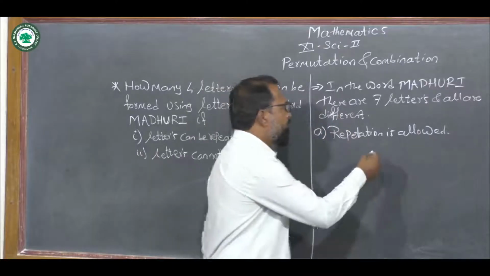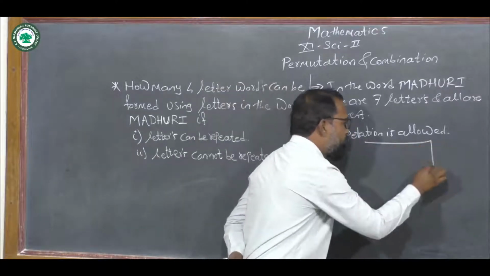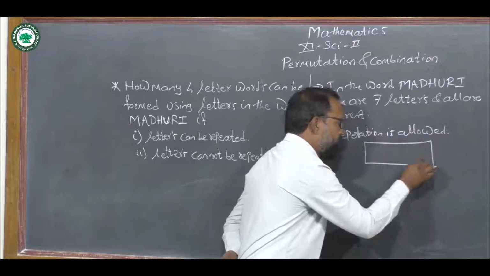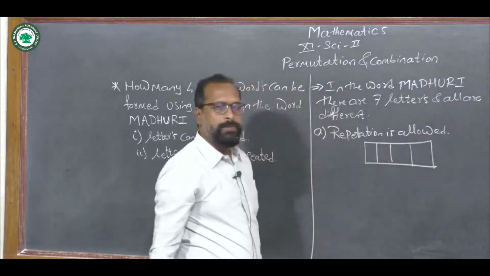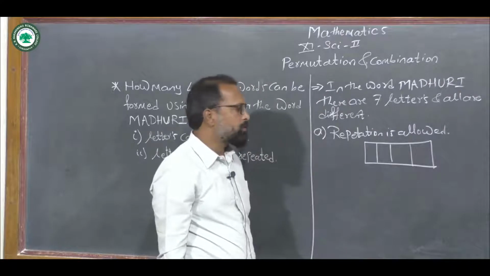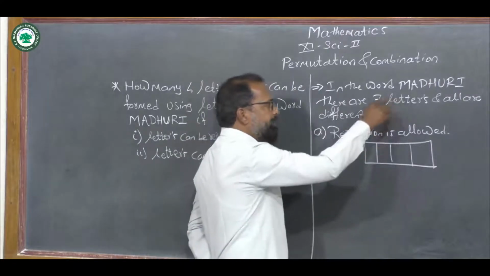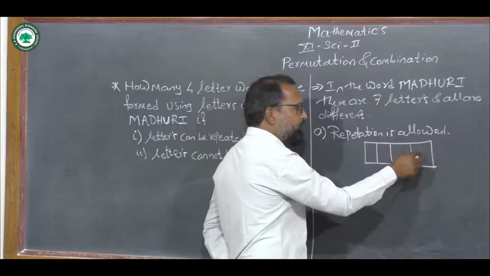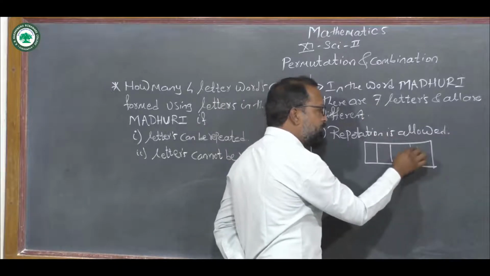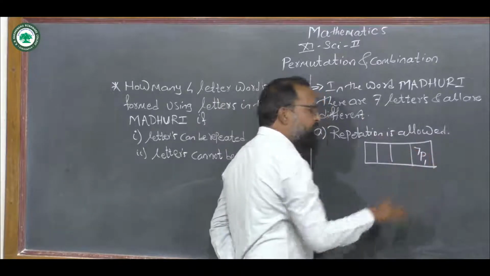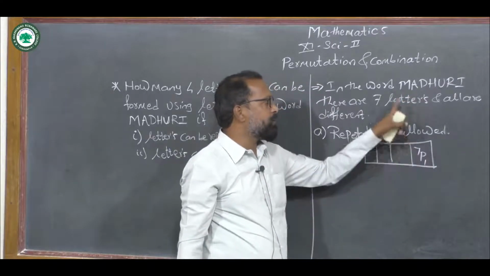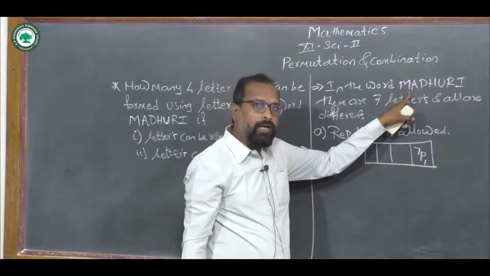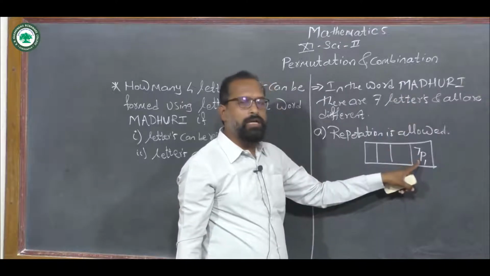Now since we have to form a 4-letter word, consider these 4 positions for the letters. Now there are totally 7 letters available, so the first position can be arranged in 7P1 ways, because there are 7 alternative letters available to fill the last position.